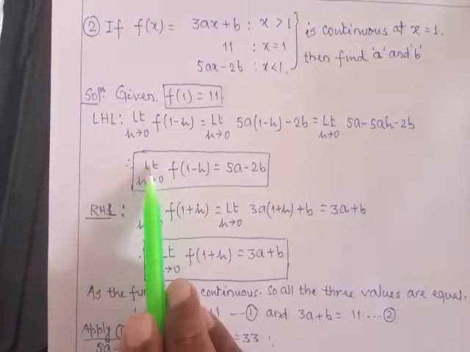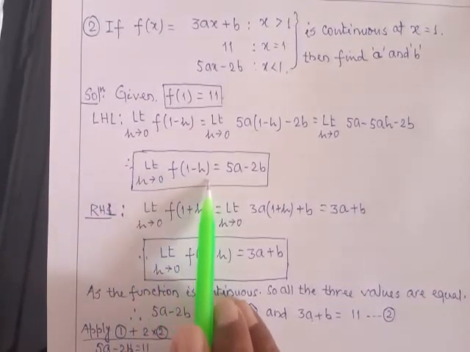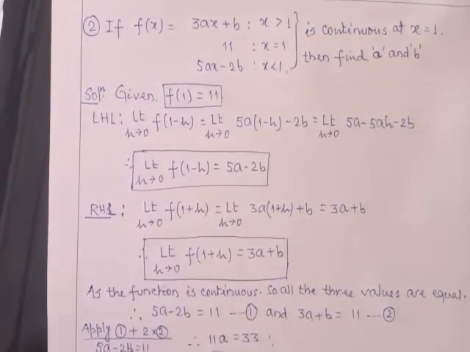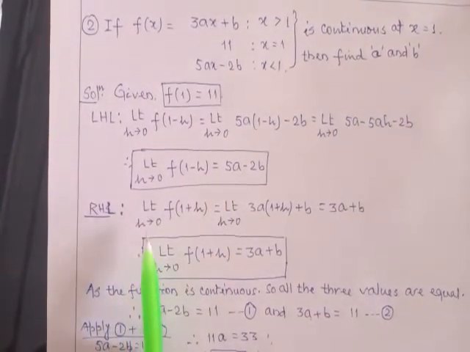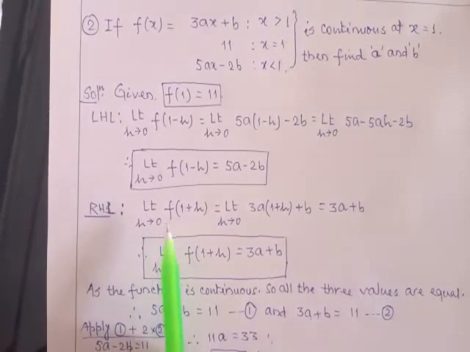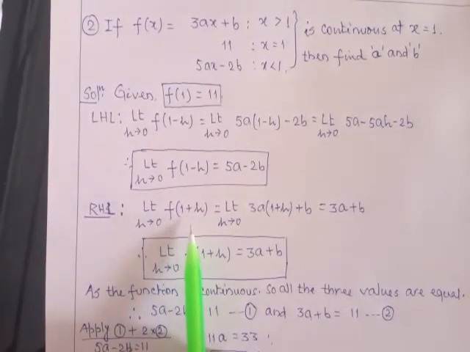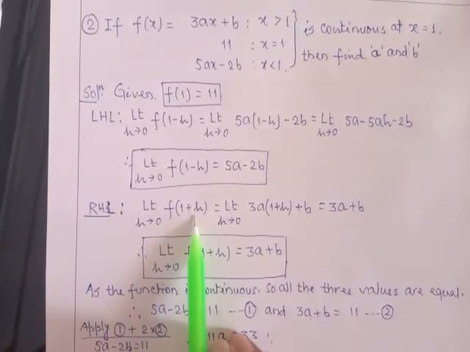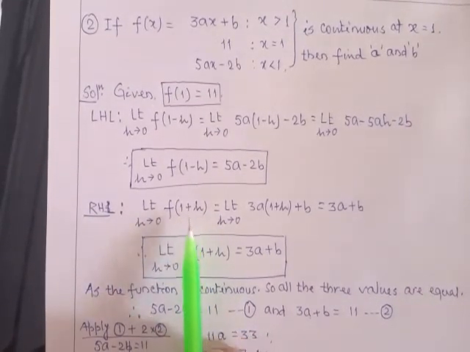Similarly, calculate the right hand limit. Right hand limit means the limit h tends to 0 of f(1 plus h). So 1 plus h is more than 1, for any small value of h. So here we apply the upper one, that is x greater than 1.